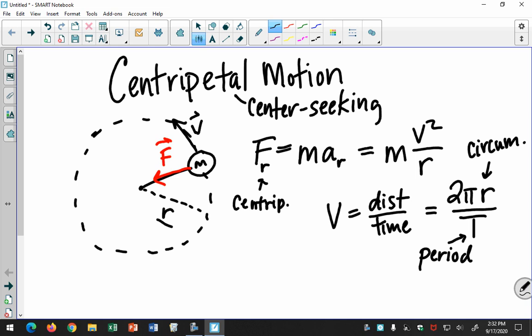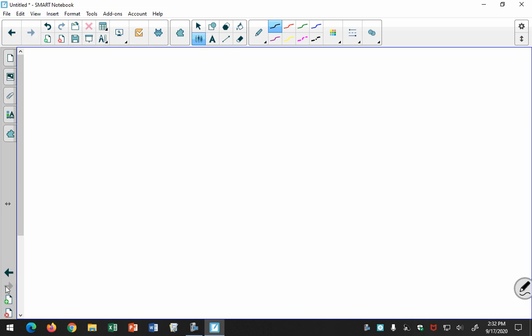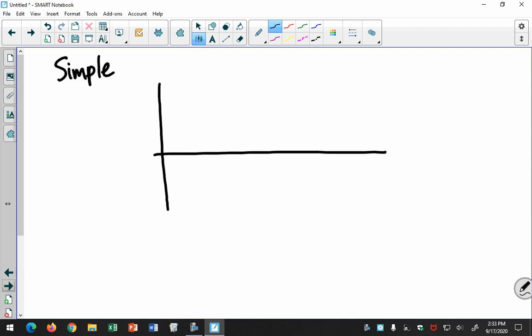Let's think about that period and that idea of that motion here a little bit. So this is actually simple harmonic motion. We have seen this before. We didn't really talk about it, but simple harmonic motion is the same motion we saw in the very early lab we did on the pendulum.